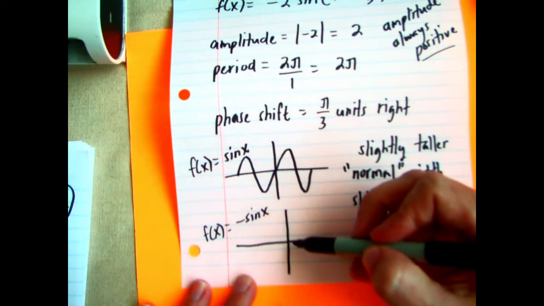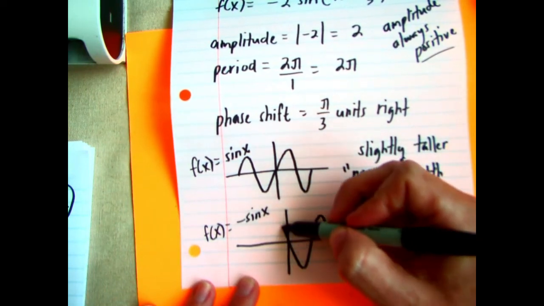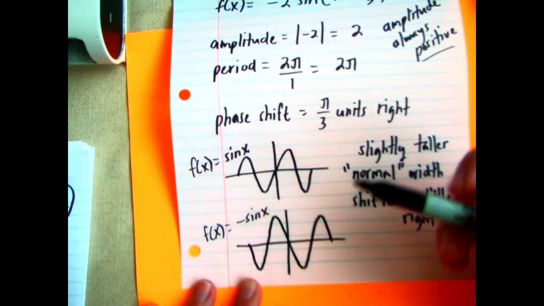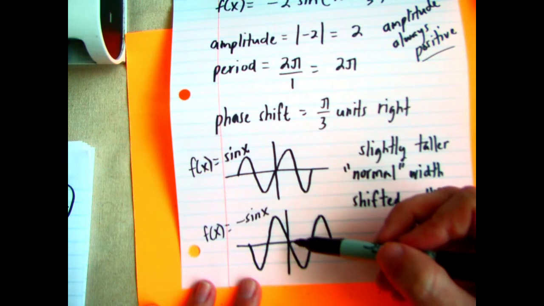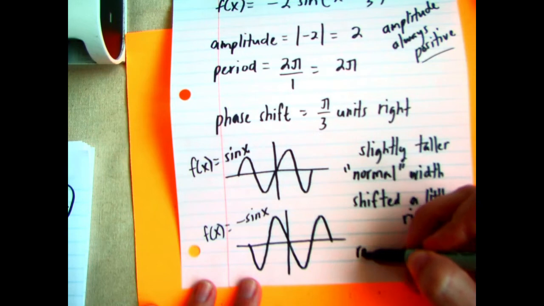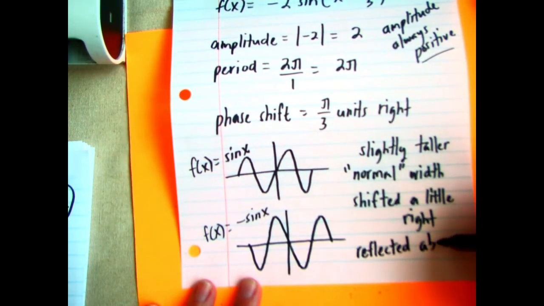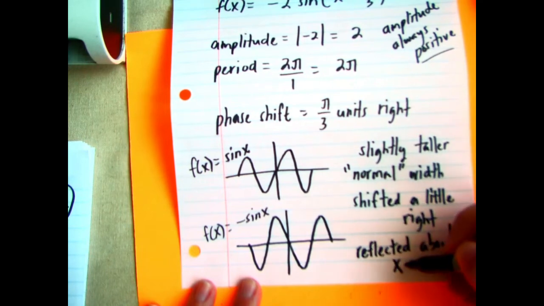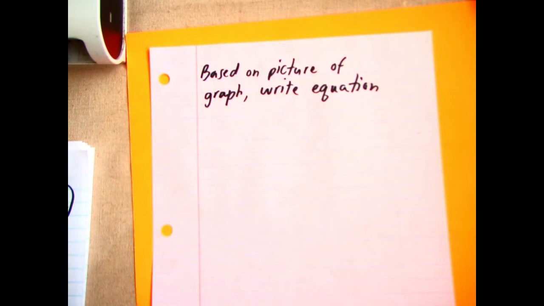If all the negative y values turn to positive and all the positive y values turn to negative, that is reflecting the graph across the x-axis. So even though our amplitude is positive 2, that negative still had a significant impact. So if you ever see a negative out in front of the graph for your A value, that's going to reflect it about the x-axis.